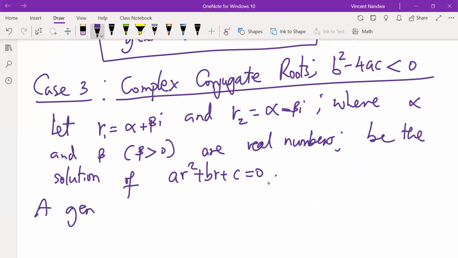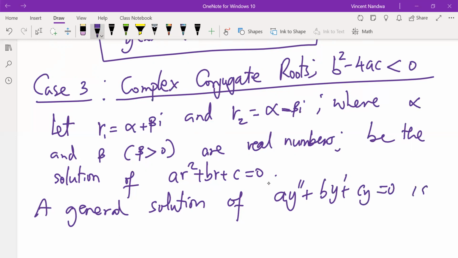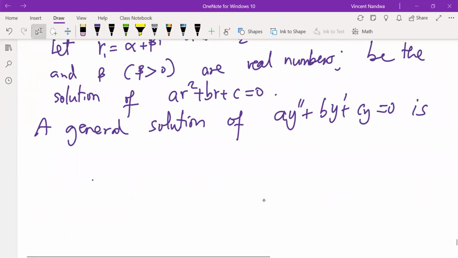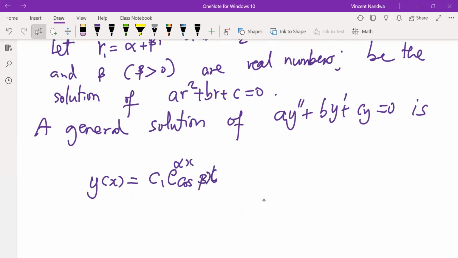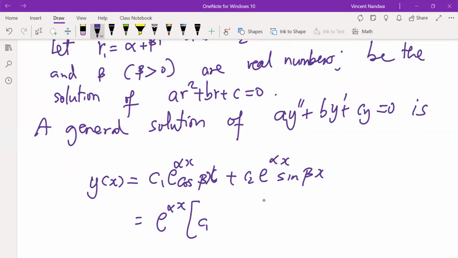So a general solution of the equation a y double prime plus b y prime plus c y equals 0 is of the form y of x equals c1 e raised power alpha x cosine of beta x plus c2 e raised power alpha x sine beta x, which can be written as e raised power alpha x into c1 cosine of beta x plus c2 sine of beta x.